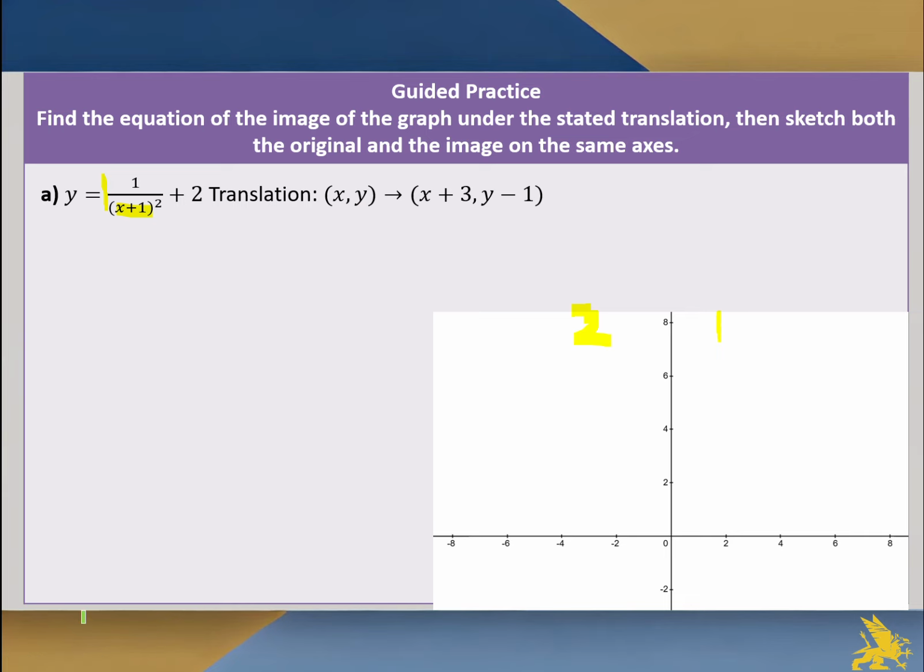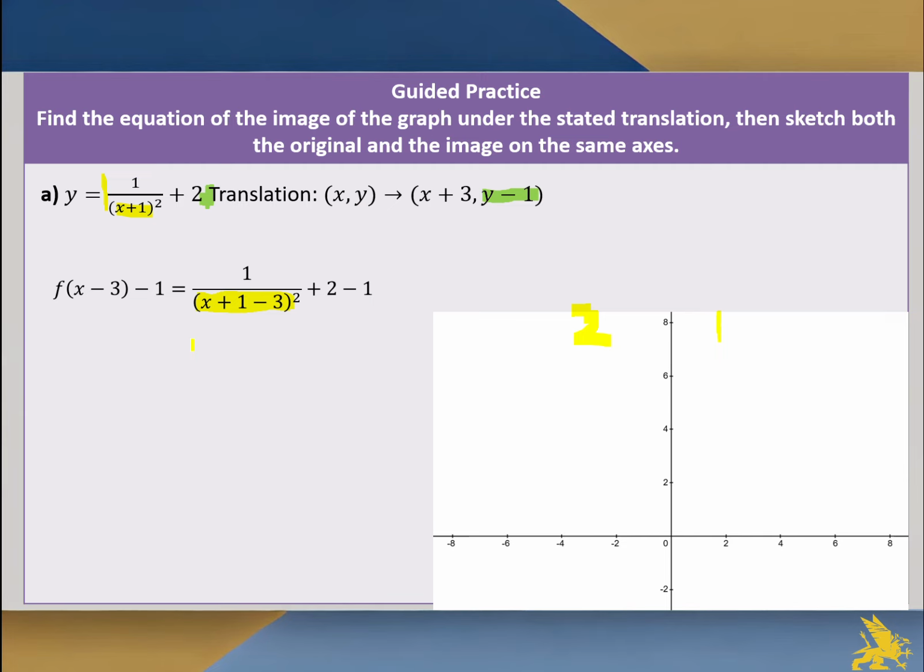Likewise, with our vertical, it's going down by 1, so we're literally just taking away 1 at the very end. So those are the two spots that we are going to be looking at. As you can see with the horizontal, I've literally just taken away 3 here. And that means if we had x minus 3 only, my asymptote would move over to positive 3 on my axis.